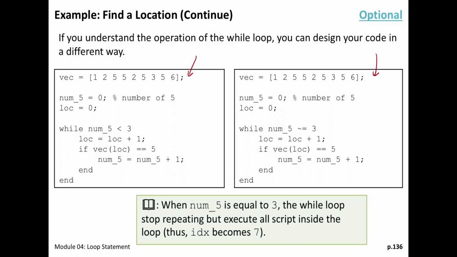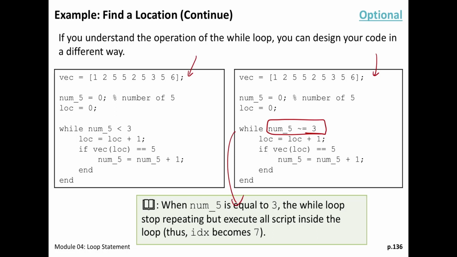This is the same thing, because num5 starts from 0. We can define this statement like this. Num5 is not 3, do iteration. Because when num5 is 3, the condition is false, and then let's go off.